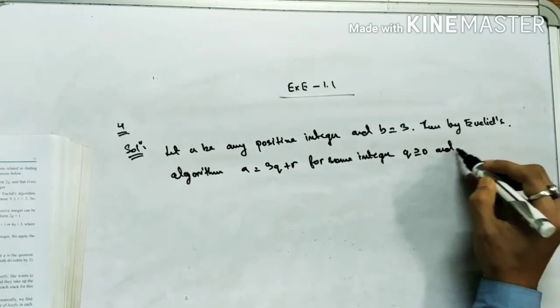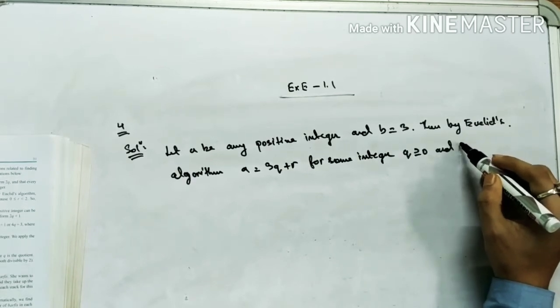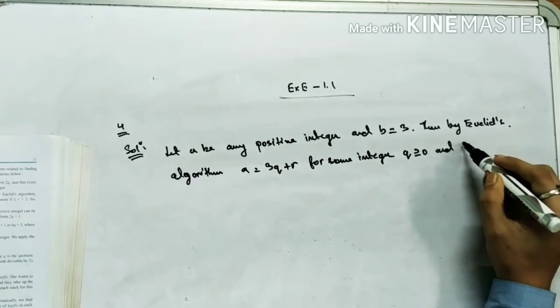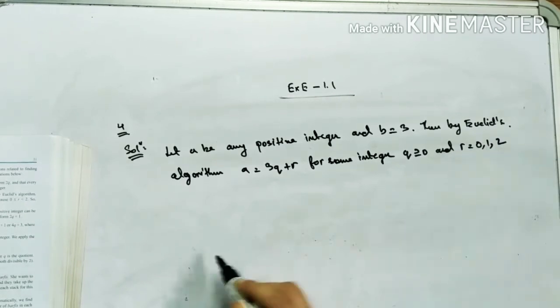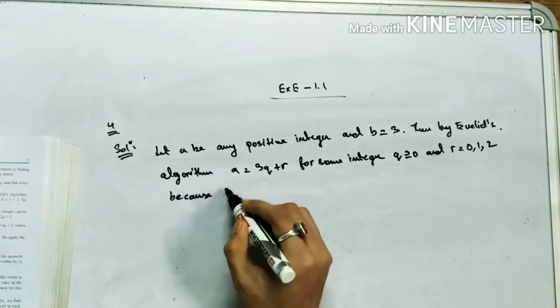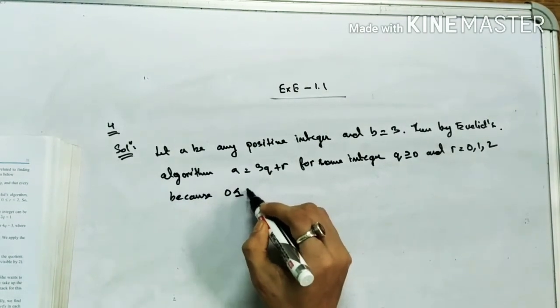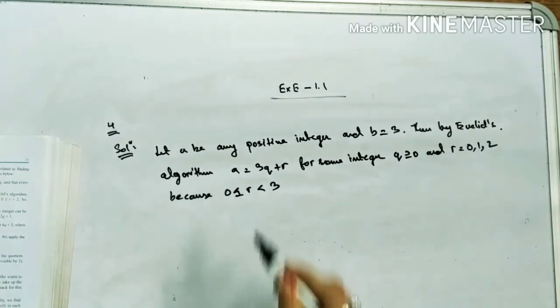And r is equal to 0, 1, 2, because r is greater than or equal to 0 and less than 3.